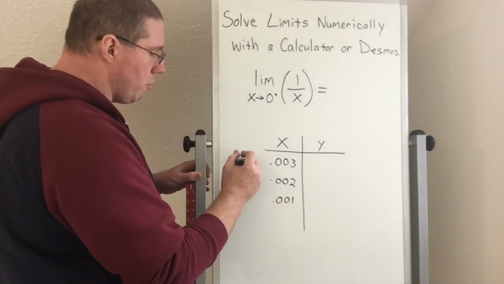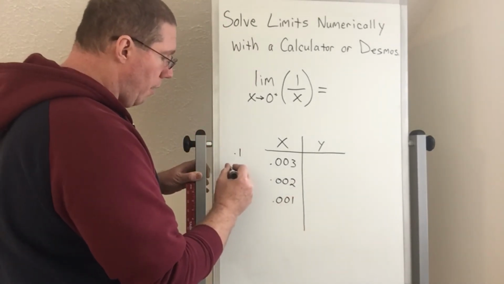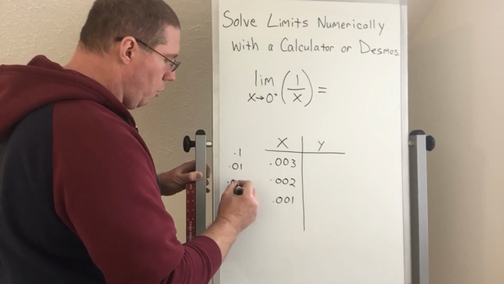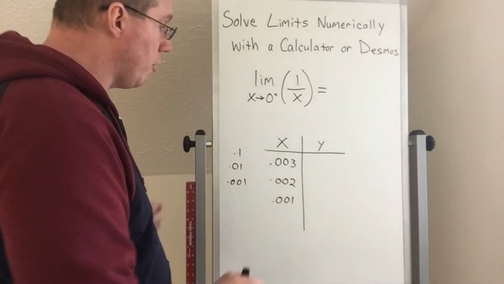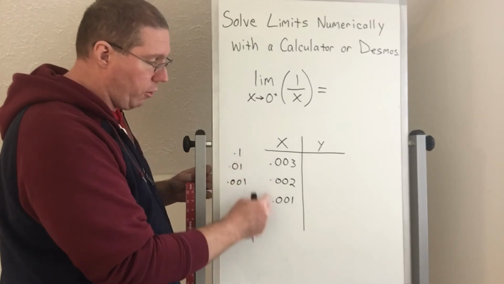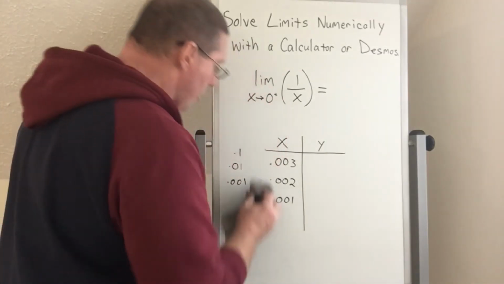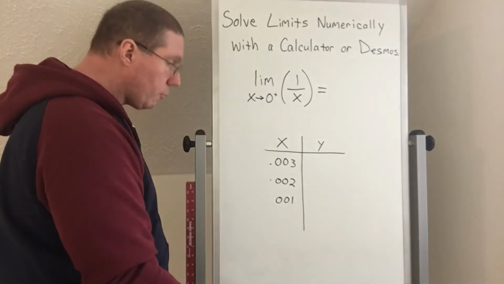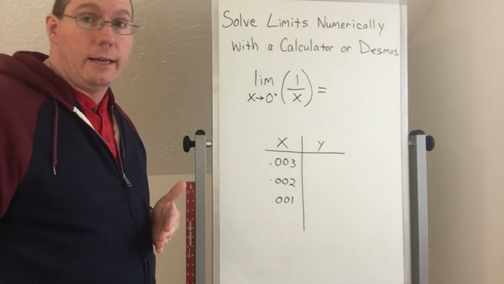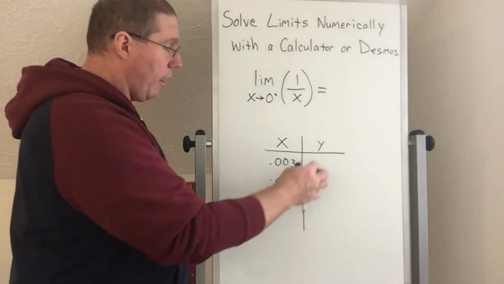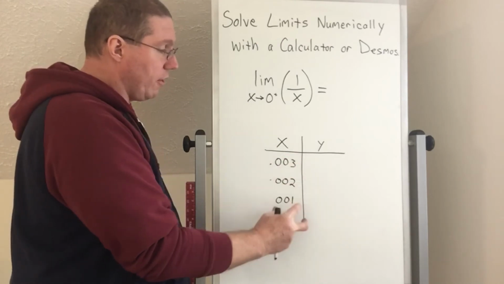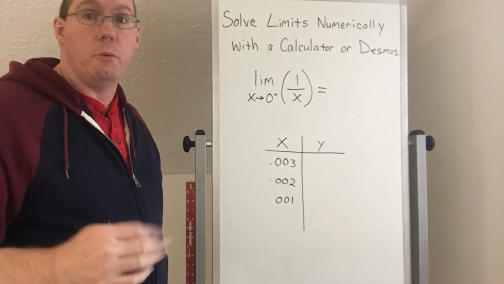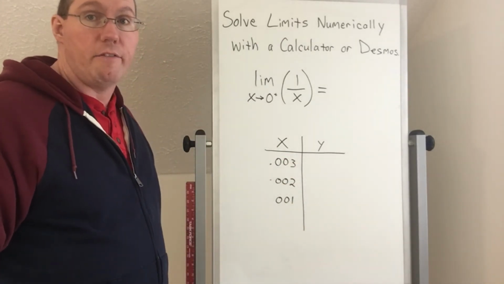You could also use 0.1, 0.01, and 0.001. That's fine, as long as your numbers are getting closer to 0 on the positive side. So what I want you to do now is grab a calculator and identify the 3 y values that go along with these 3 x values, and then we'll identify the limit.